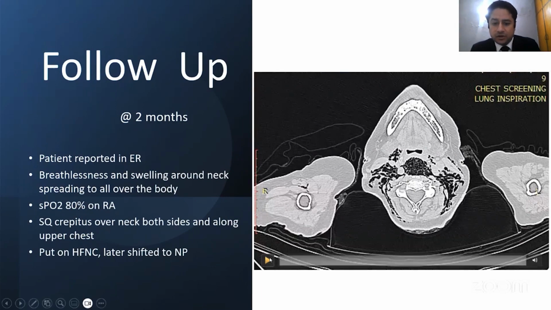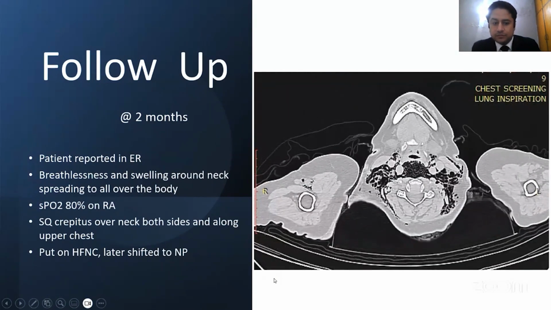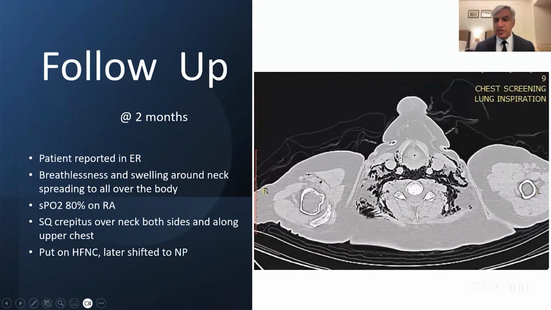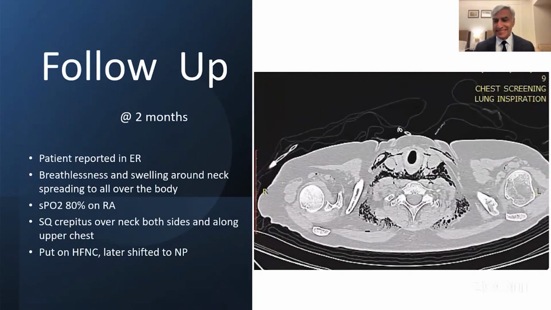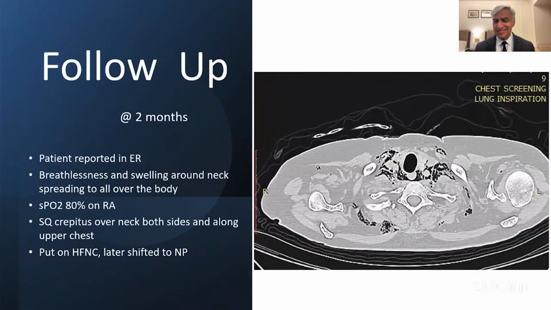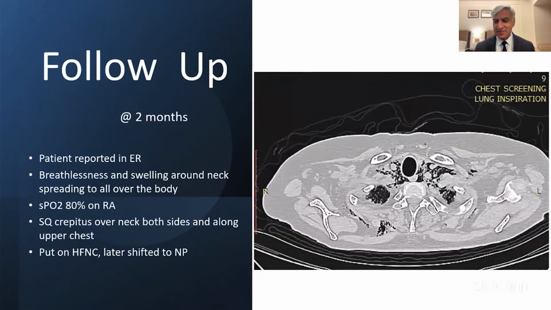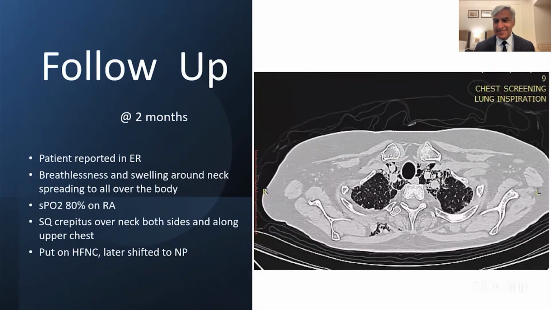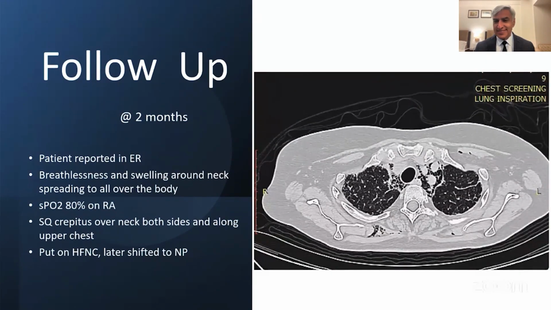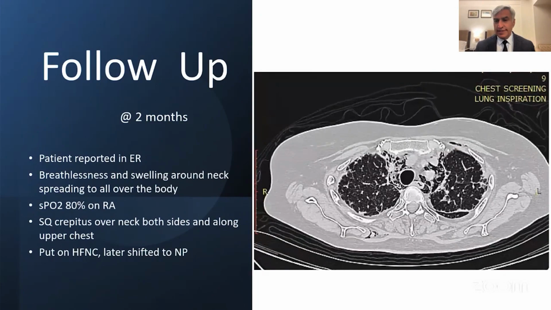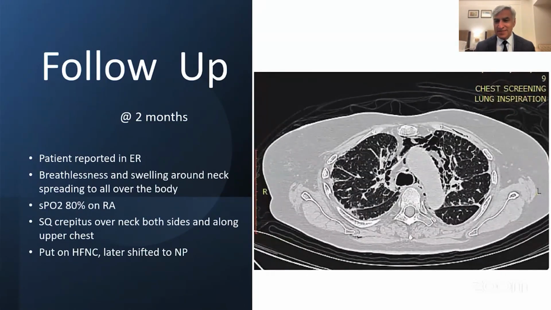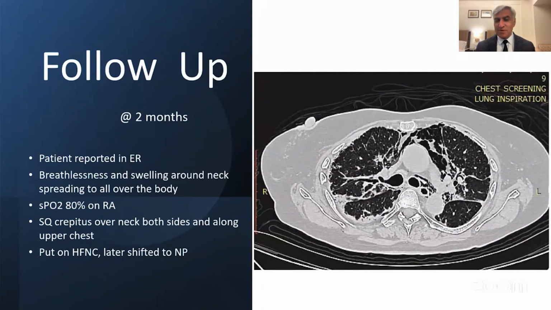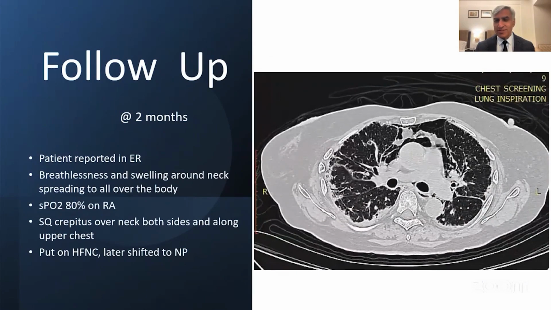So this is her CT chest. So we see air everywhere. So Steve, tell me what would be your comment on this?